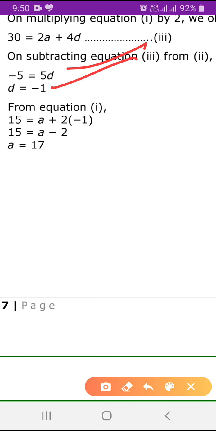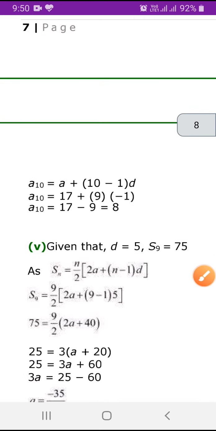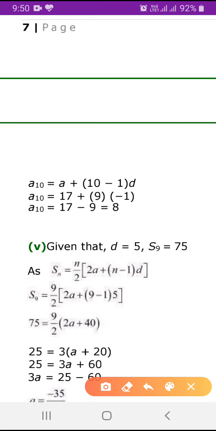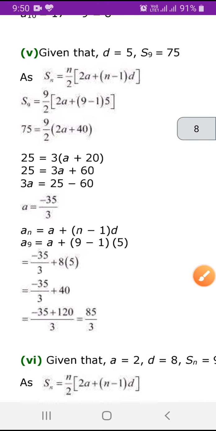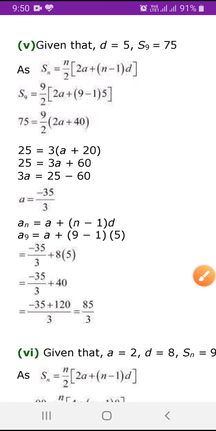Now we put d in equation 1, we get a equal to 17, and after that we find a10 equal to a plus 9d. Putting the values of a and d, we get 17 minus 9 equal to 8, a10 equal to 8. This is question 3, part 4.